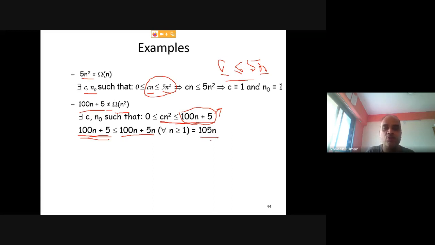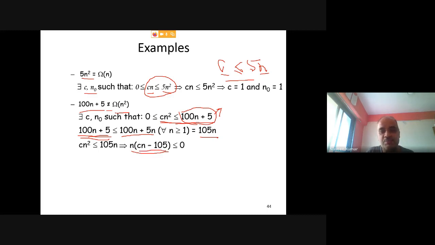This 105n should be greater than or equal to c of n square. So cn square should be less than or equal to 105n. Now solve this. You can cut this n, so you are saying that cn is less than or equal to 105. That is what we are trying to capture from here.